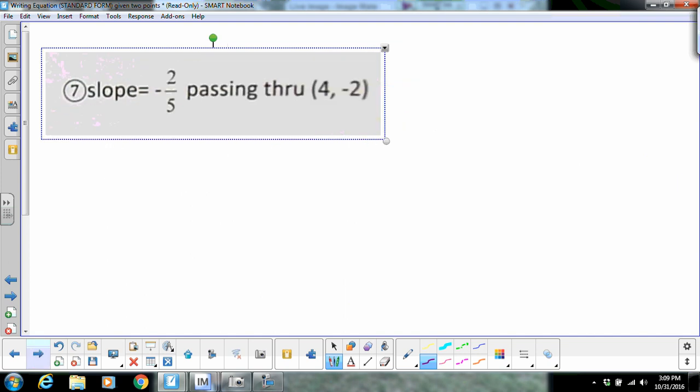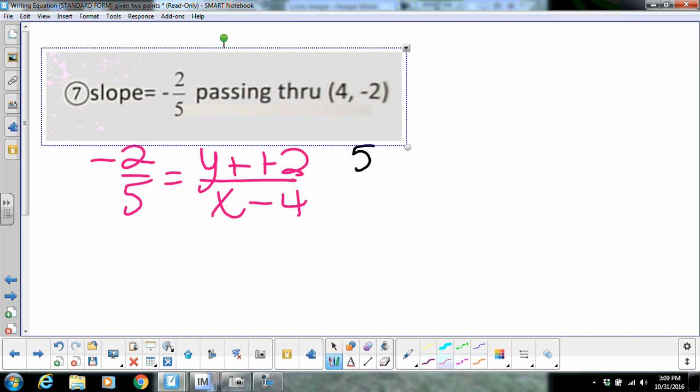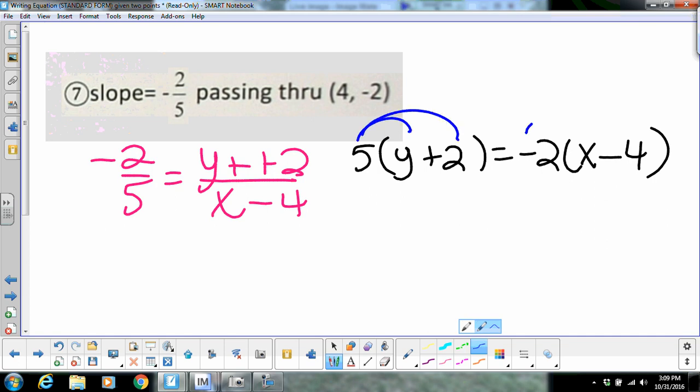All right, number 7 gave us a negative 2/5, and our point was 4, -2. All right, so let's cross multiply. And distribute.